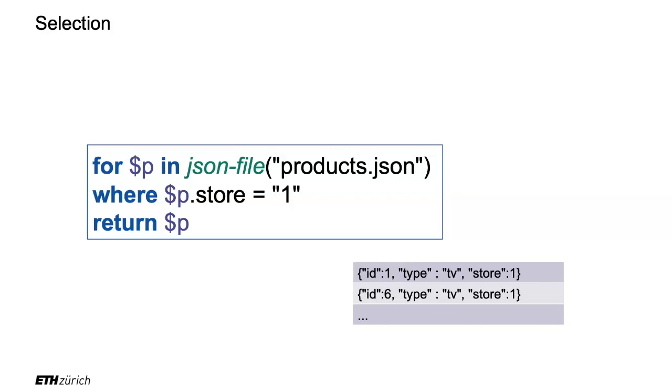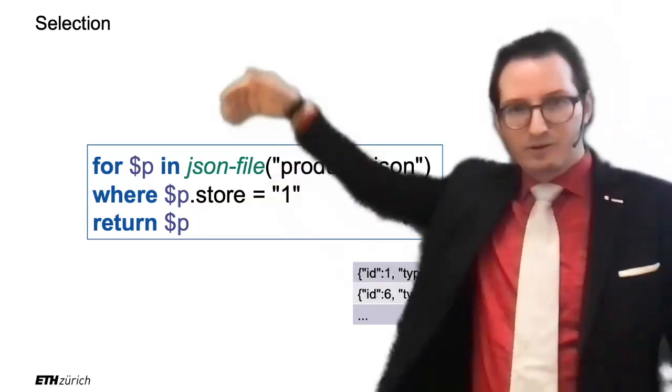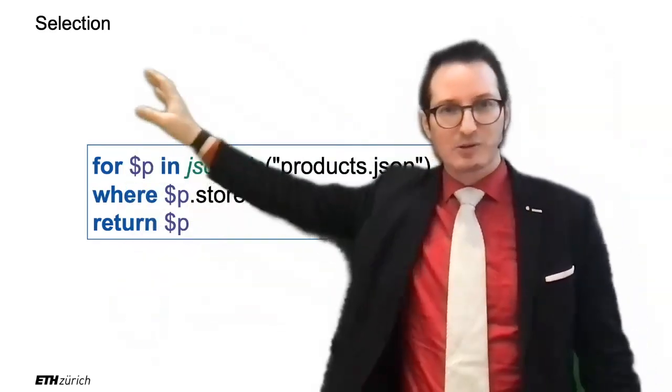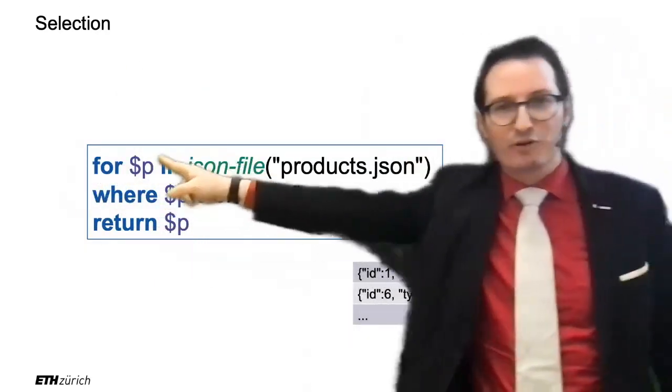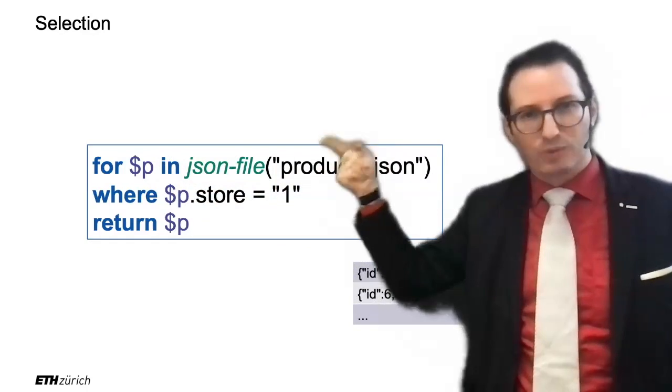And so let's start with the selection. You know that the selection in SQL is not done with the select clause, but with the where clause, right? In JSONiq, it's the same. It's also done with the where clause. So what happens is that you need to follow that top down, right? So there's the flow like this. You start with the binding of P to every one of the products, one by one.